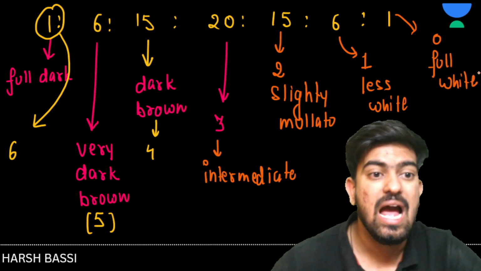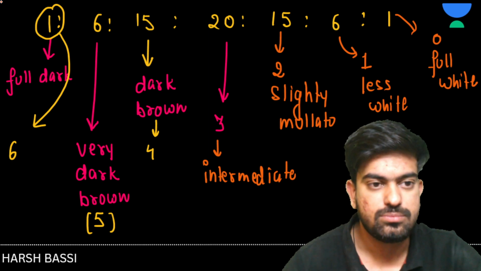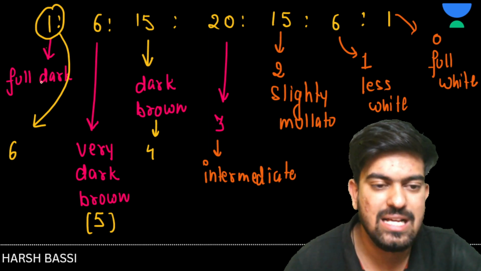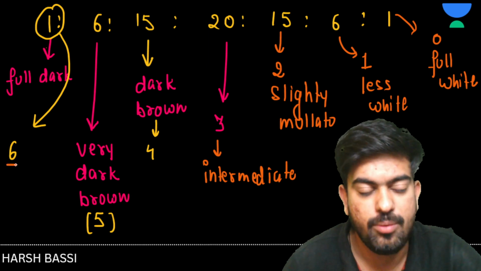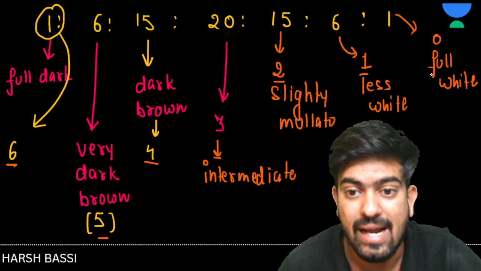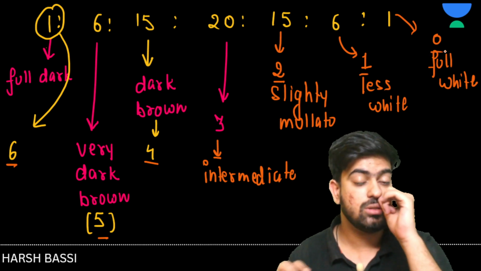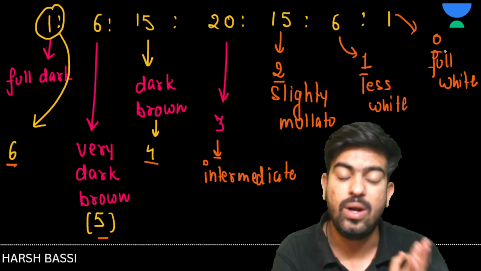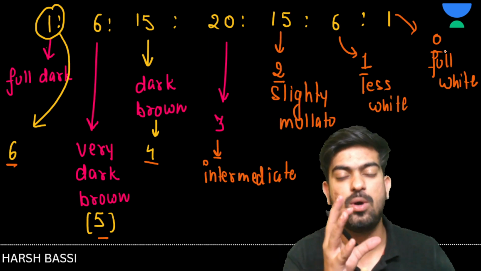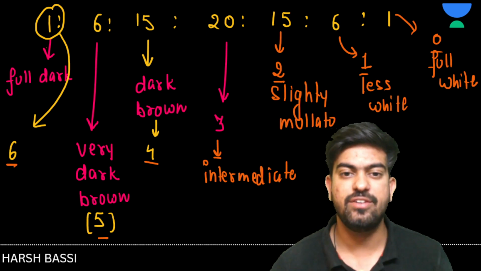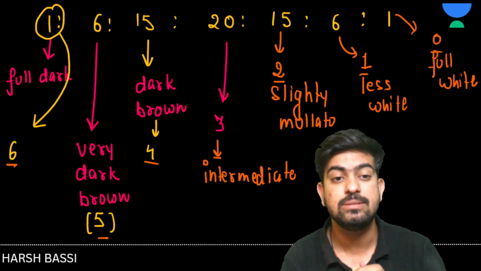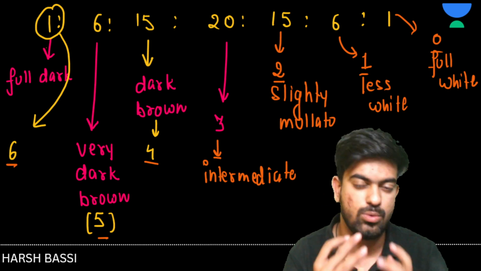Can you see here that as the number of dominant alleles is decreasing, the color is getting lighter and lighter. Clear? So this is the quantitative inheritance or polygenic inheritance. If I define polygenic inheritance, a single character is controlled by more than one gene.